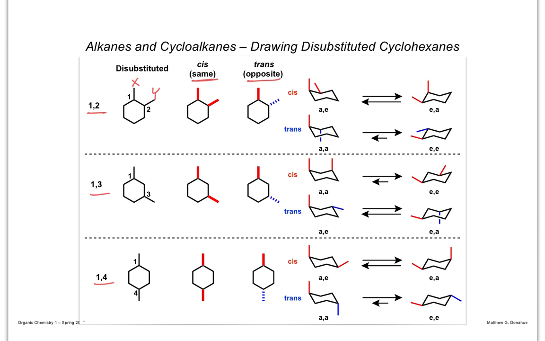So some of them are clear, but most of them are basically the same. So you could memorize this graph, but really the key is noting the relative relationship, 1,2, 1,3, or 1,4. Are they cis or trans? And then converting it into the chair.